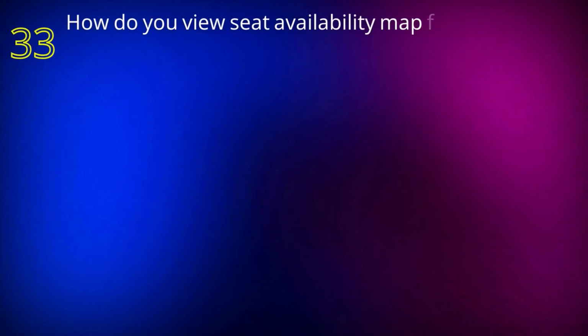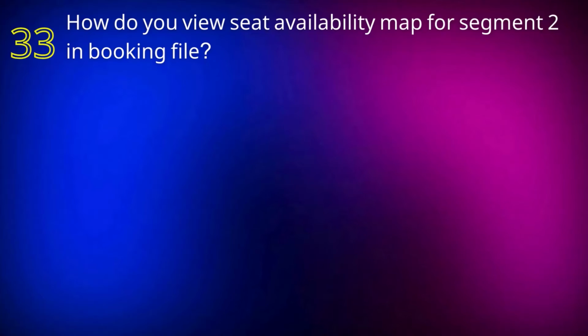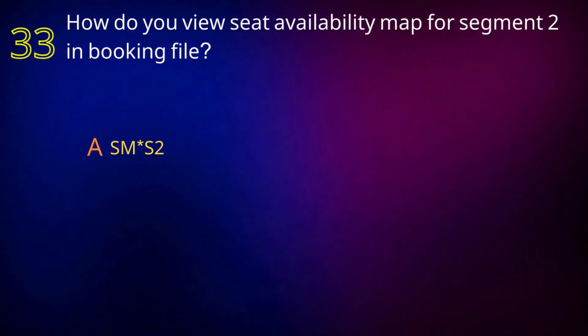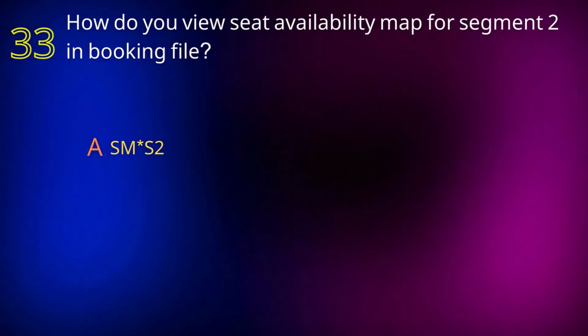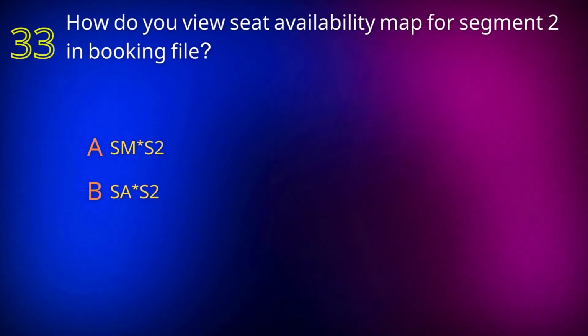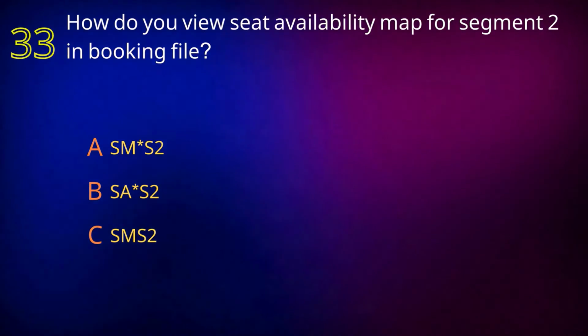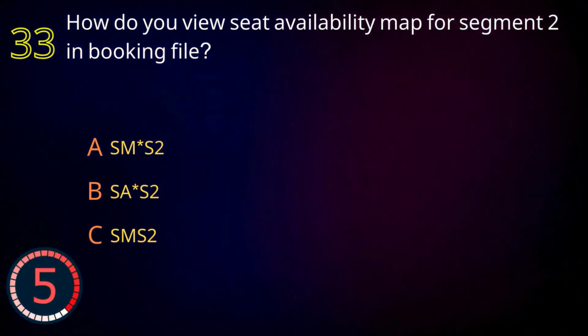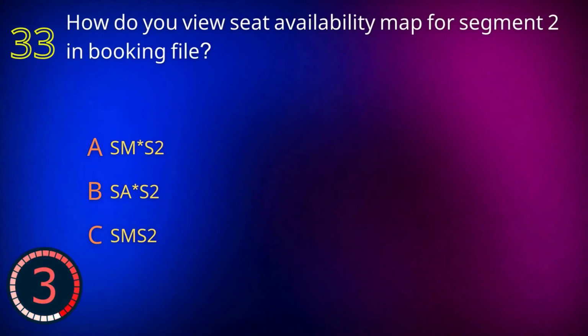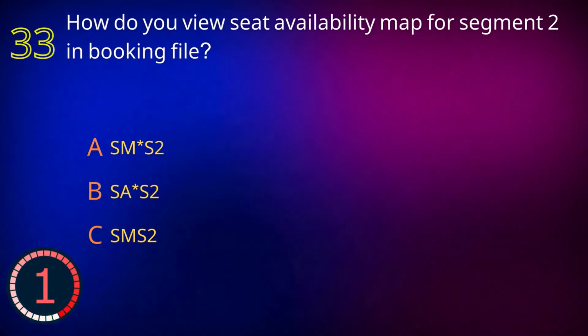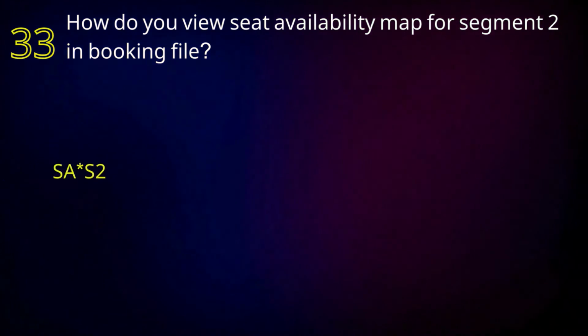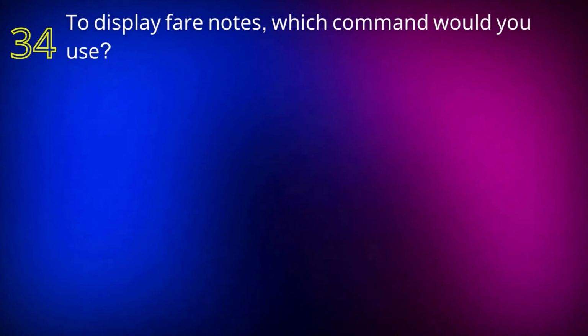How do you view seat availability map for segment 2 in booking file? To display fare notes, which command would you use?